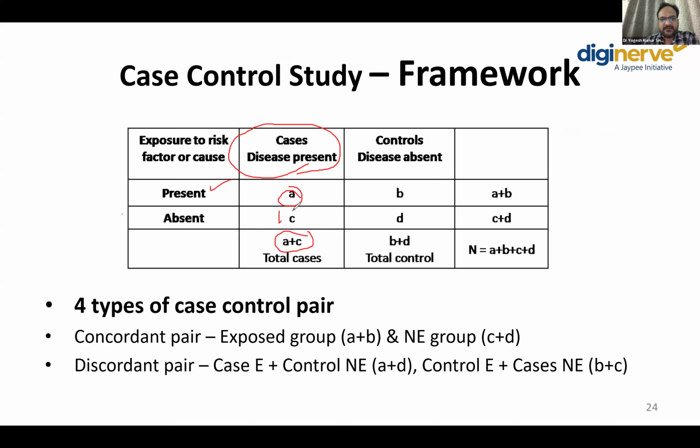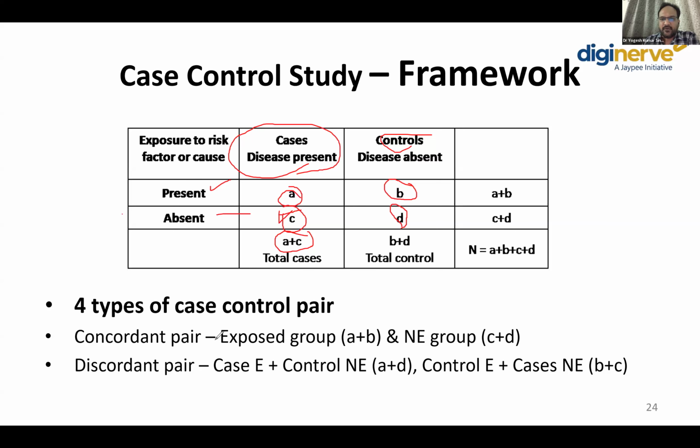And C are the population of cases who have no history of the exposure. Similarly, in the control group, B are not having any disease, but exposure history is present. D are the persons who do not have any disease and no history of the exposure.